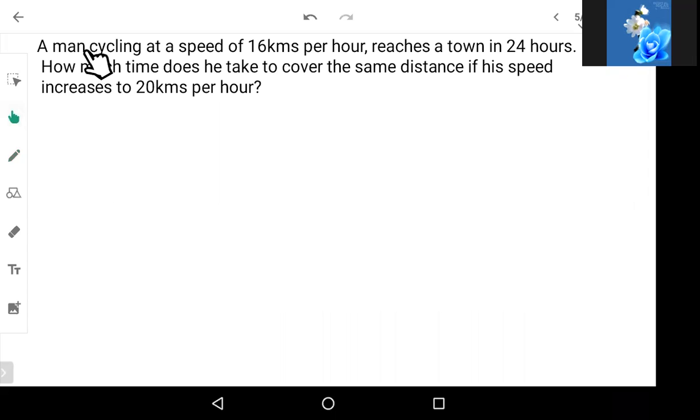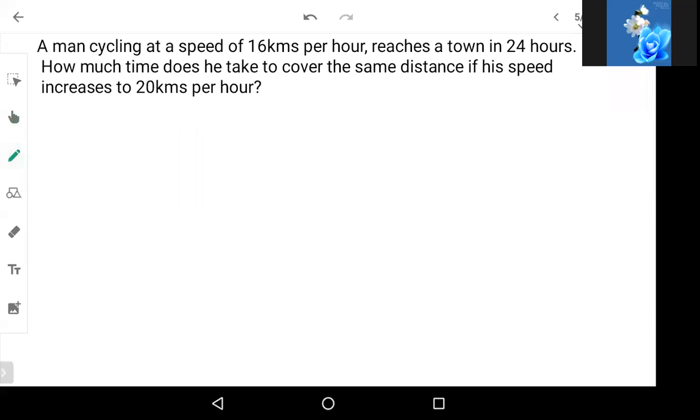A man cycling at a speed of 16 kilometers per hour reaches a town in 24 hours. How much time does he take to cover the same distance if his speed increases to 20 kilometers per hour?